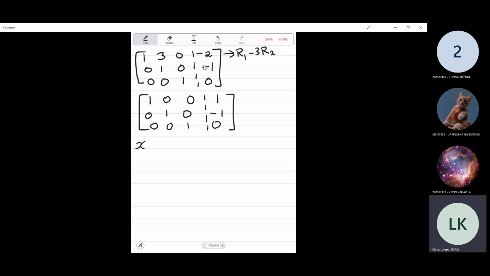And from here we can see that x is equal to 1, y is equal to minus 1, and z is equal to 0.